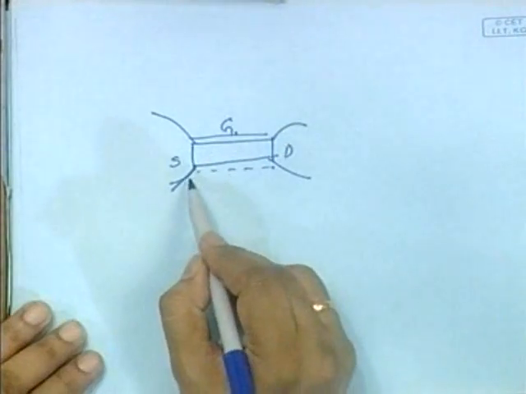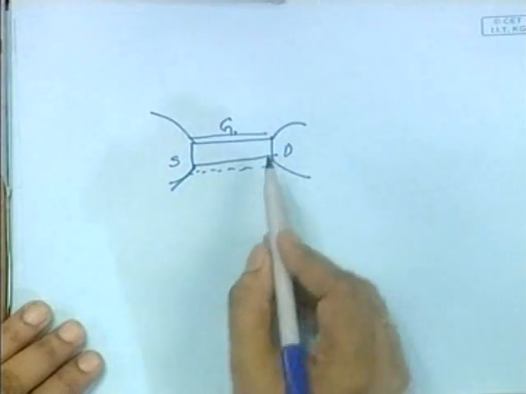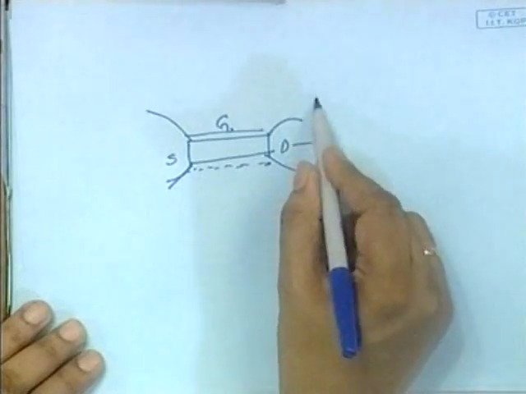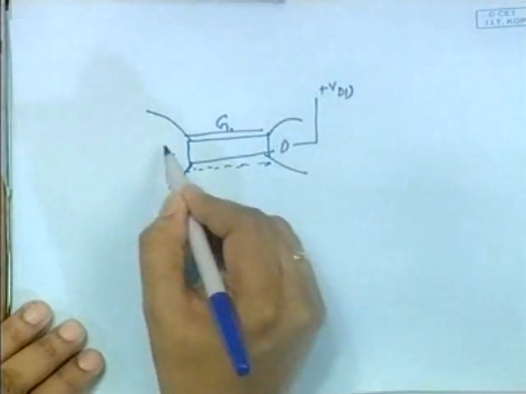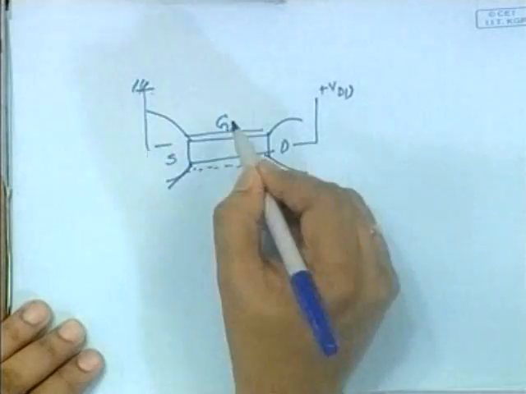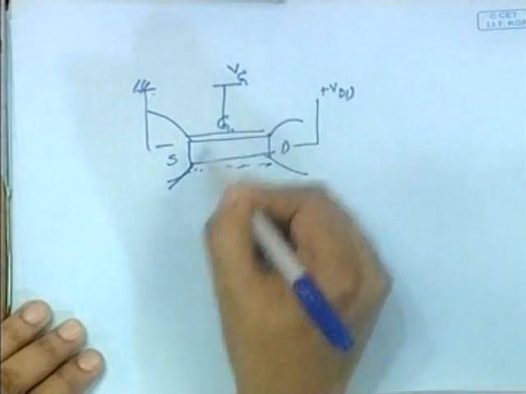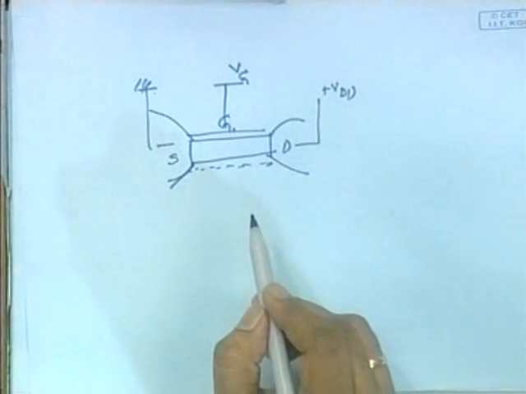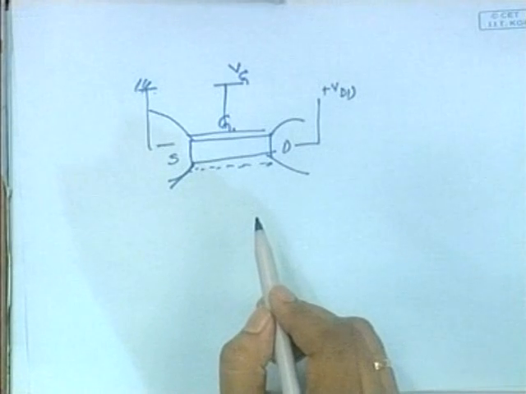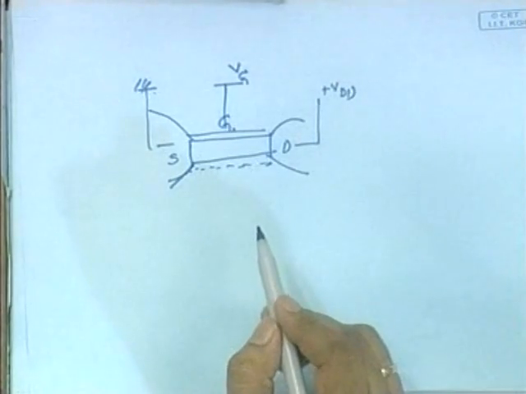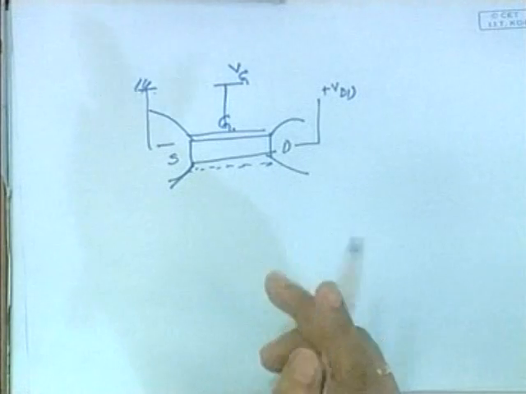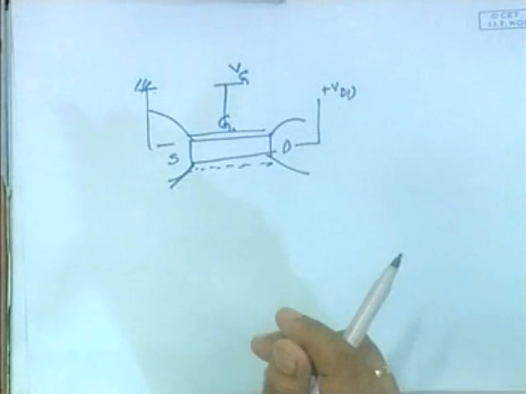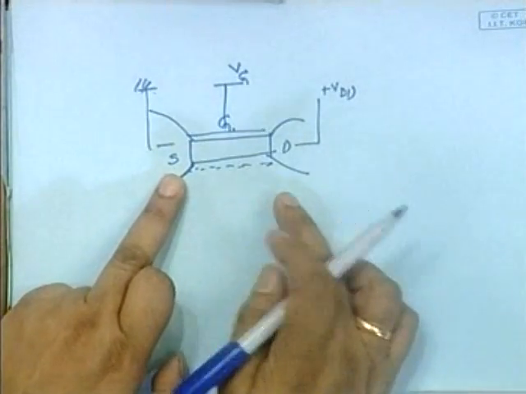When you apply a voltage with respect to the source, a VDS is supplied, plus VDD, and the source is grounded. And the gate is, say, with a voltage source VG, the channel is formed. Then it is actually acting as a resistor, as a channel resistance. So the same noise will be created in the channel, and the same formula can be used, 4kTRΔf, where R stands for the resistance of the channel of the MOS device.